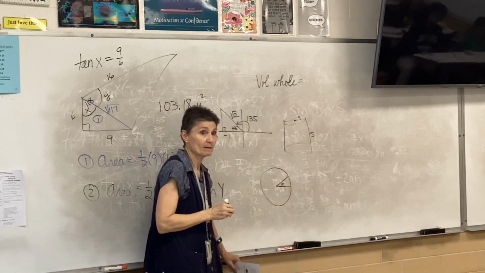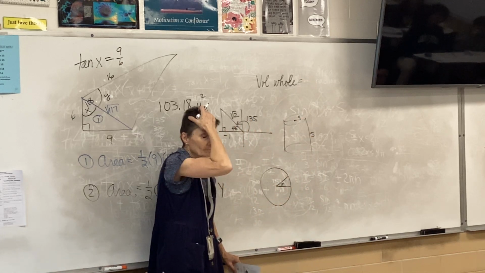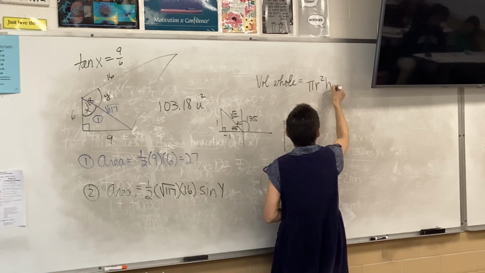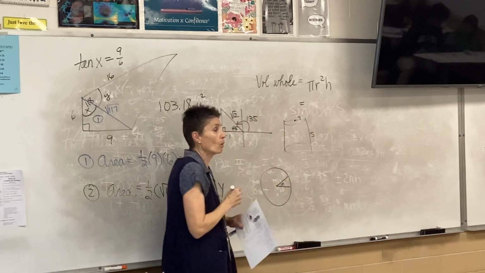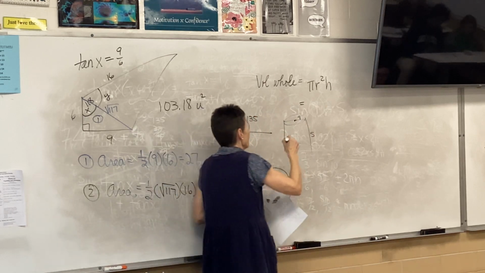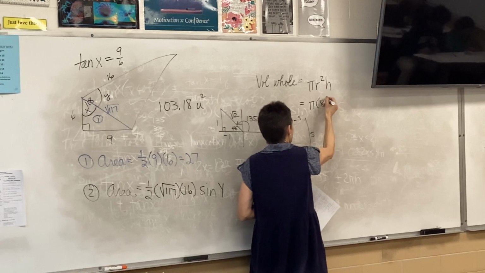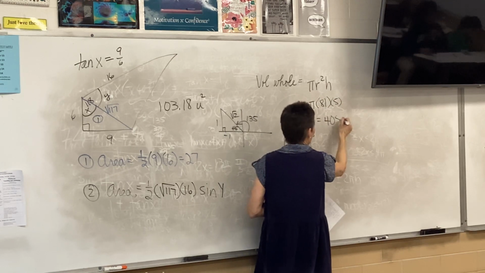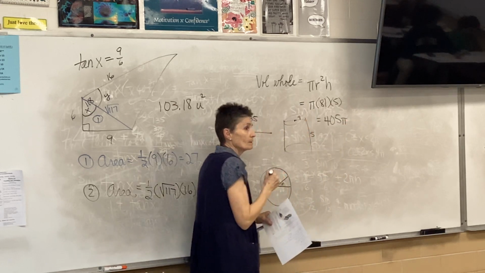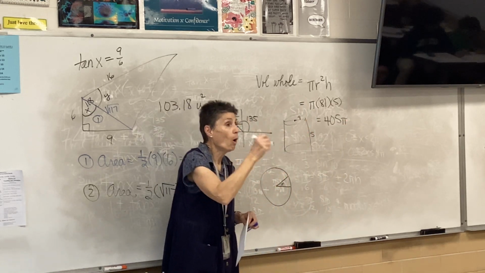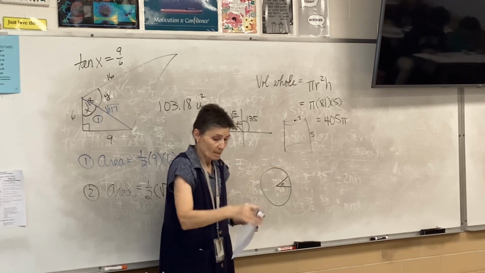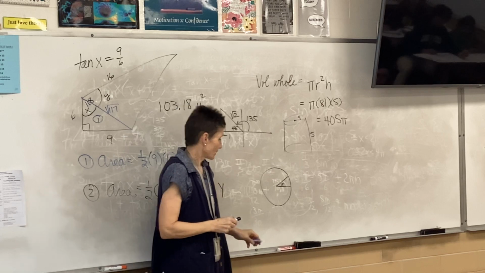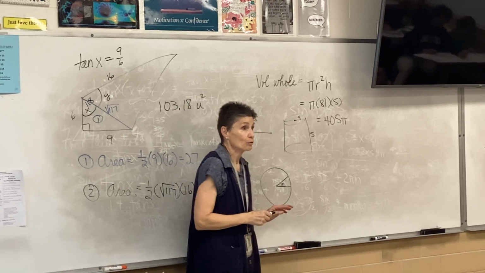Uh-oh, are we having volume of a cylinder? Yes, pi r squared h, that's exactly right. So what is the volume of our whole cylinder? Pi times 81 times 5, which is 405 pi. Now, that's the whole thing. How big a piece are we cutting out of it? 15 over 360.